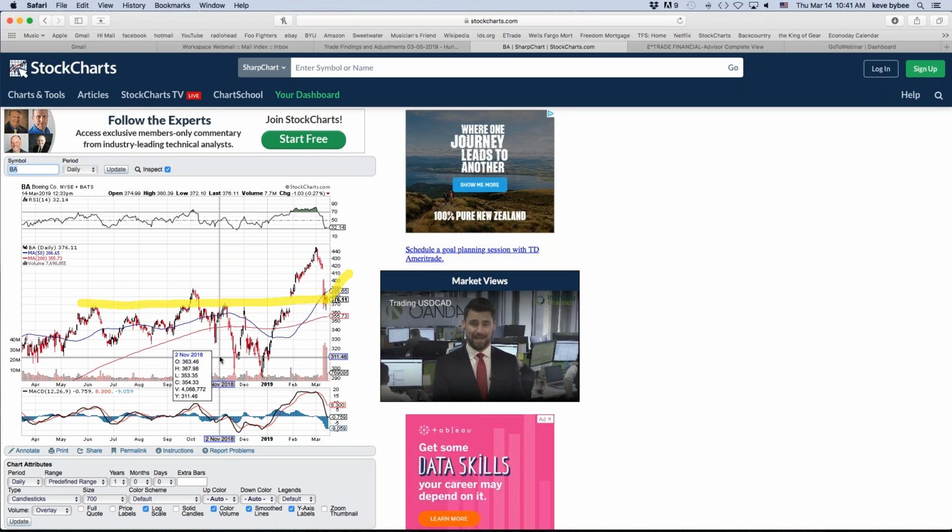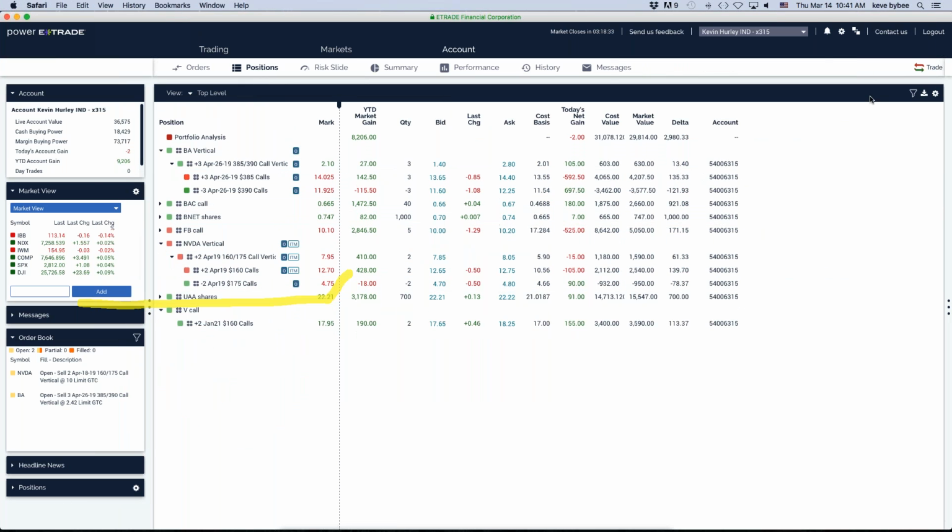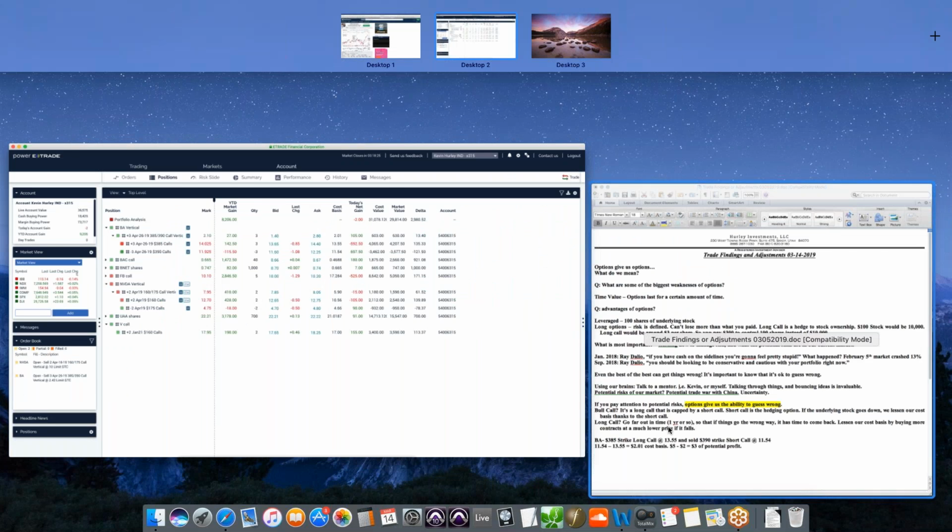Maybe that's where Kevin was going with that, but it's kind of an interesting thought. I do think this is a good opportunity for a bounce back up, and we're out to April 26 options. I'll make a note of that.